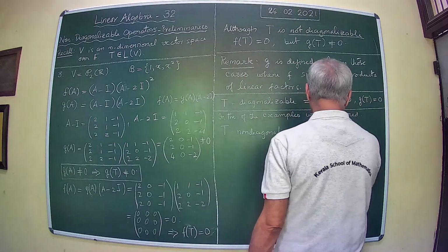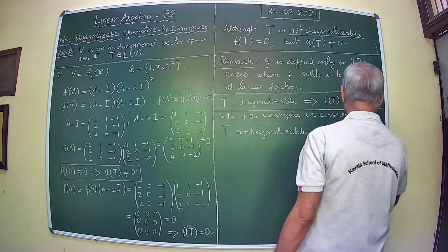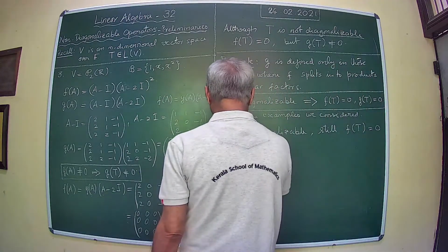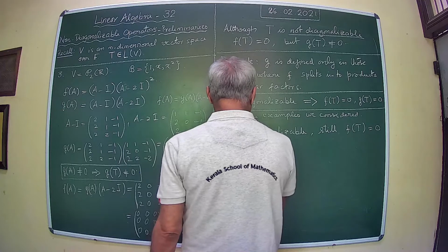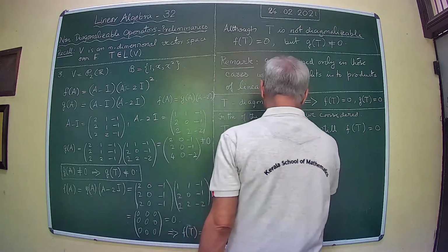Still f of t equal to 0, but g of t is not equal to 0.